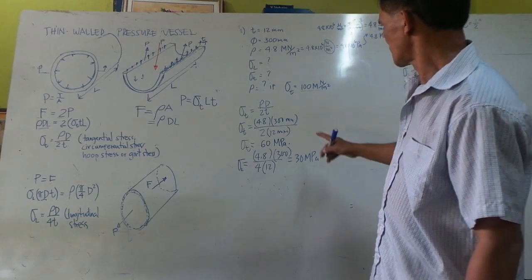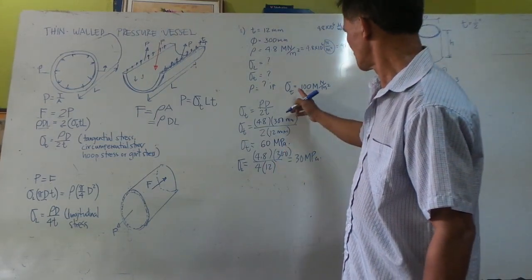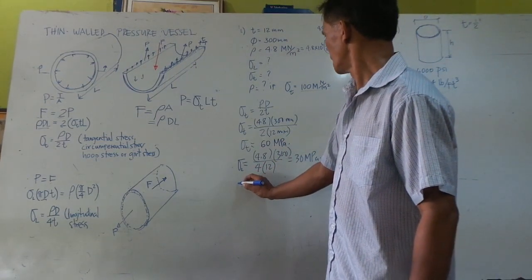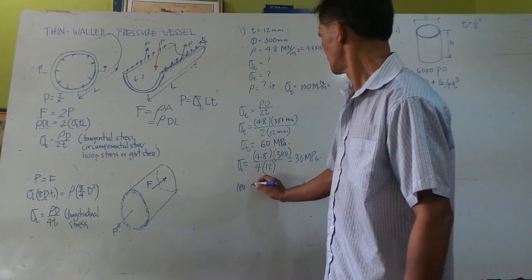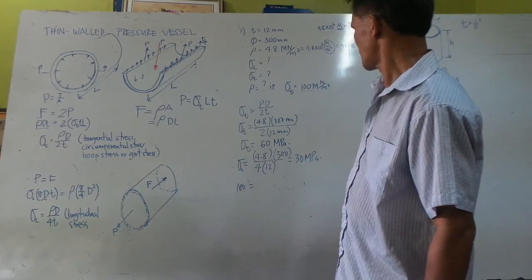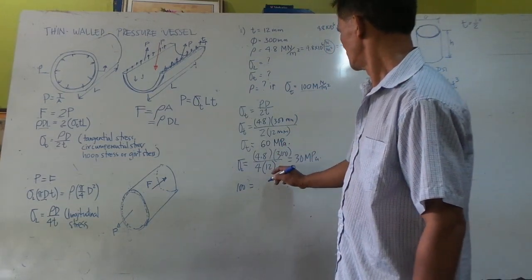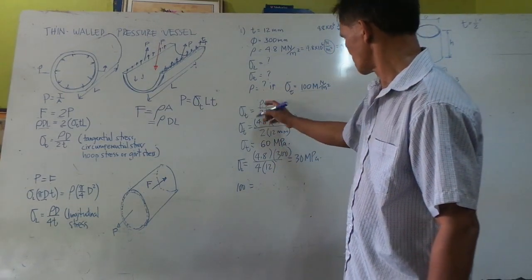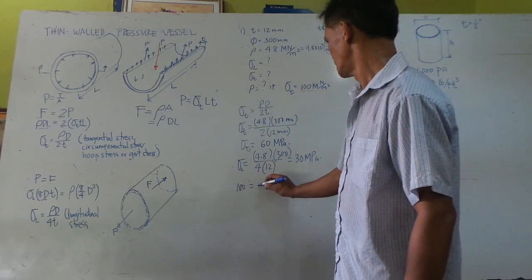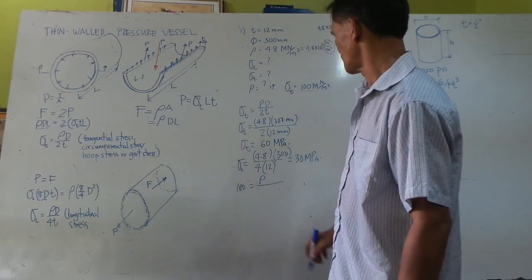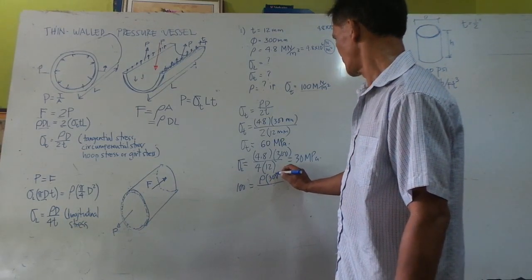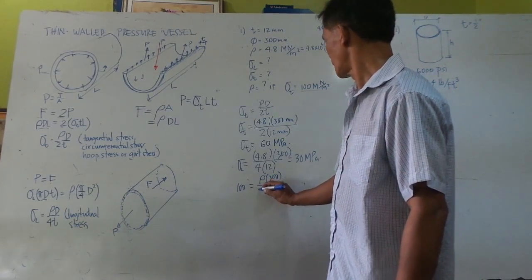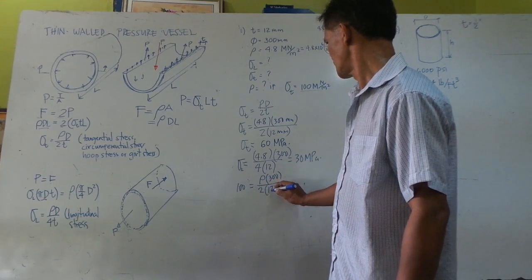So for tangential stress, you will have this formula: 100 megapascal is equal to the unit pressure to be applied times the diameter 300 over 2 times the thickness.